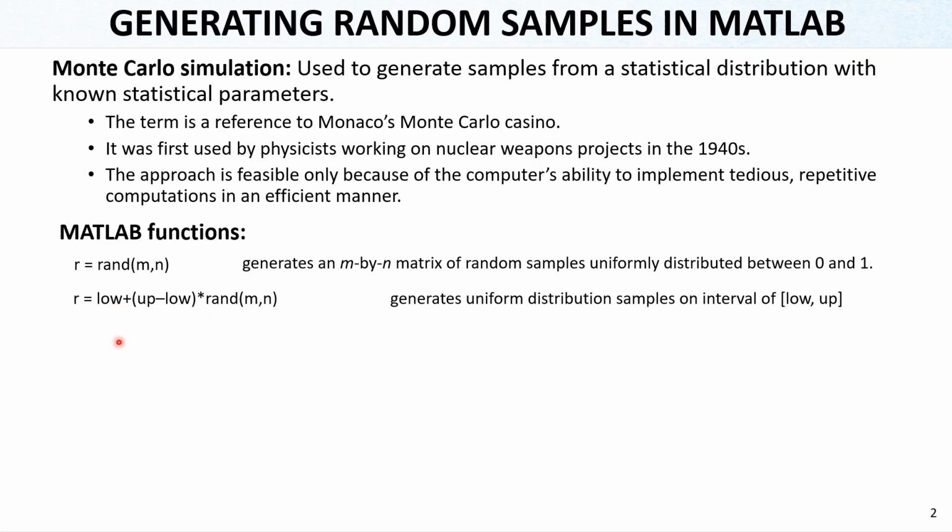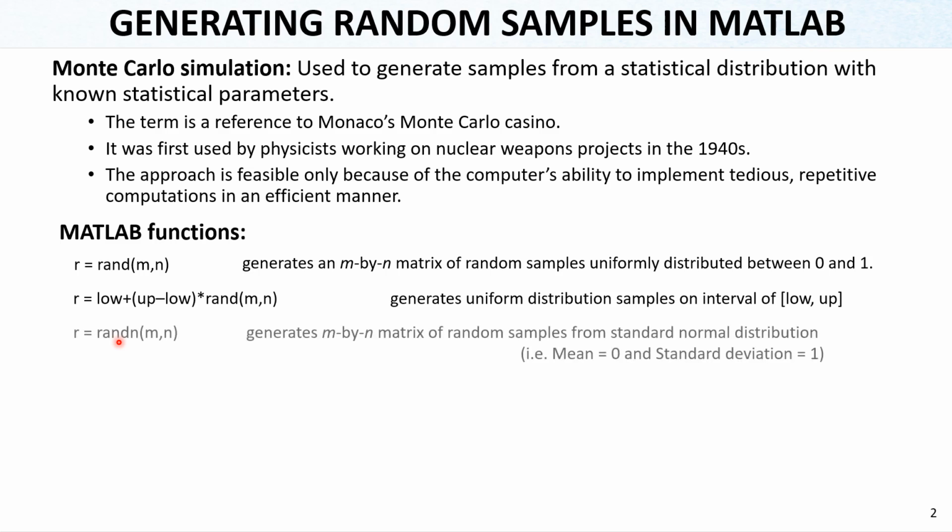Next, we can show how to generate data not from a uniform but a normal distribution, because it's generally encountered in statistical calculations. We use randn. N means normal, and it is the same m by n matrix of random samples from the standard normal distribution. Standard normal distribution means we have a mean of 0 and a standard deviation of 1.